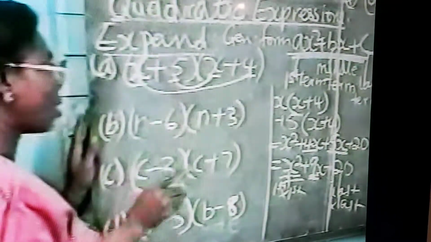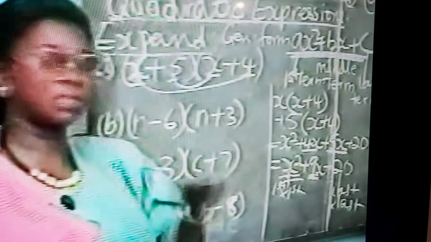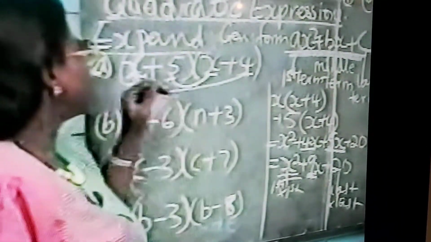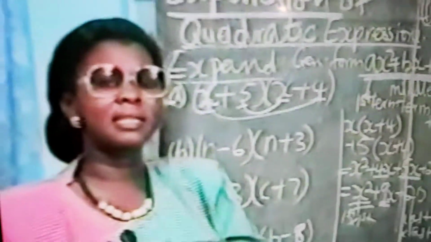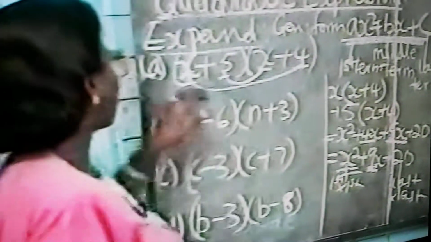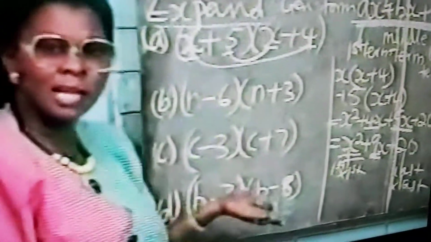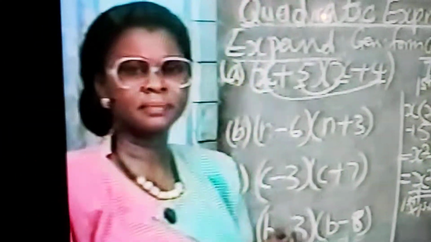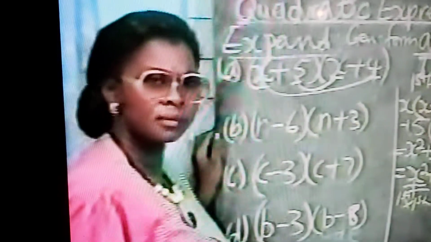But if you are lucky to find what at JS3 level, which I'm sure this is for, you will discover that most of the quadratic expressions you are dealing with probably have just 1 as their coefficient. So if this is 1 and this is 4, then we don't have to say 1 times any number is same number. Just add this to this and get the middle term. So the coefficient of the middle term is the sum of the two constants.